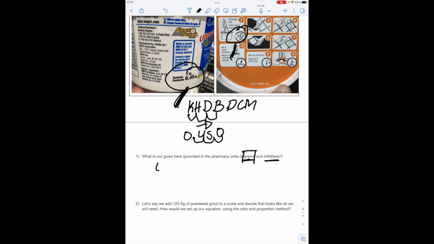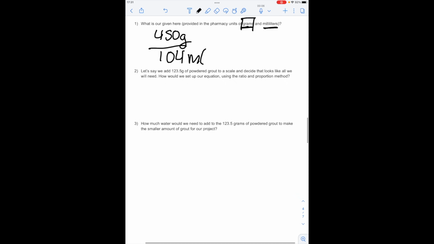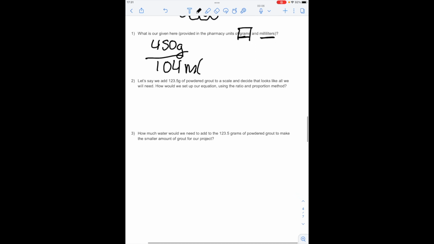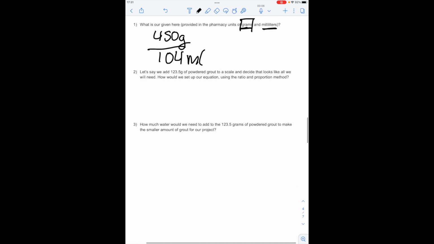So now we have 450 grams. This amount here, we don't need to change. It is 104 milliliters. So there's our given. So for that many grams, you need to add that many milliliters in order to make the grout.